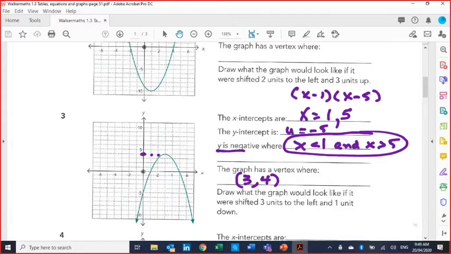Remember that it has that axis of symmetry, and that axis of symmetry will tell you how wide or narrow the graph is going to be. And 1 unit down, so it's not going to be at 4, it's going to be there at 3. Let me change the color here so you can see. So it's going to be there, 3 units to the left and 1 unit down.